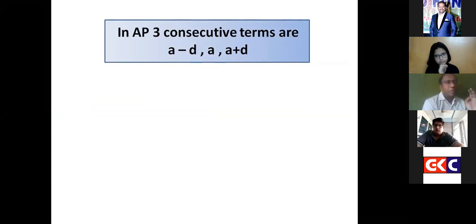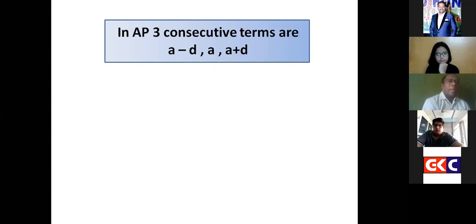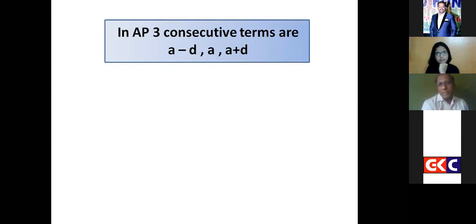But just for simplicity, we will consider A minus D, A and A plus D. Okay, three consecutive terms, how will we consider them? A minus D, A and A plus D.